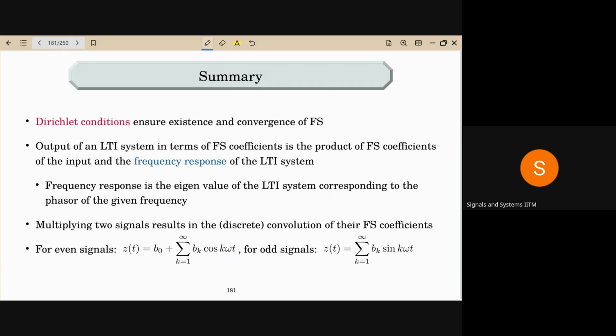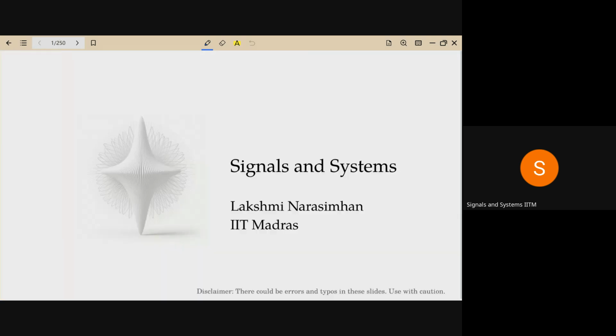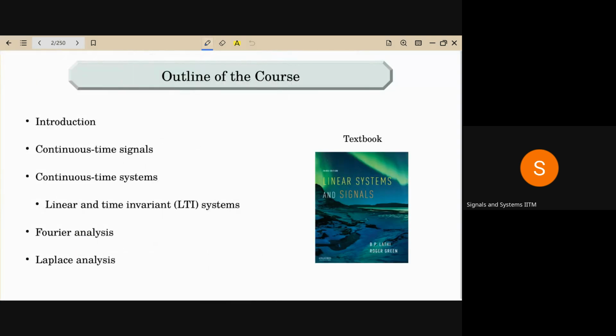The textbook that I was recommending was by V.P. Lathi. That's a good book. So you can just solve exercise problems from this book, and that's a good way to keep yourself in touch with the subject.